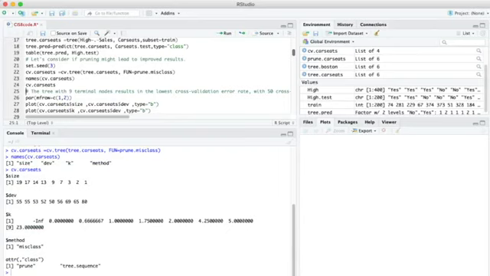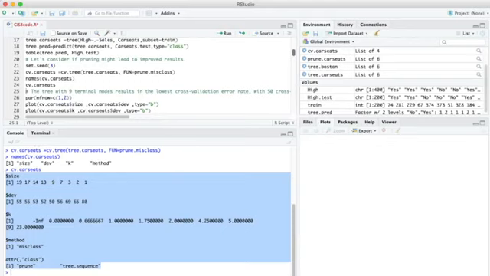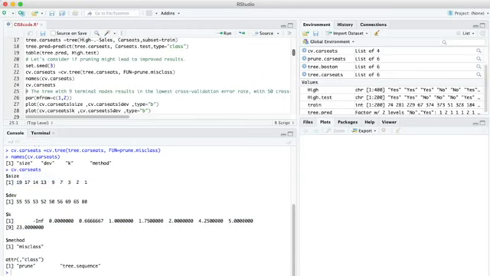So here the objects are stored in terms of a list. The first element is the size, the size of the tree. For the first cross-validation, we get the size of the tree equal to 19, 17, 14, and so on. Now this is what we are interested in looking at.